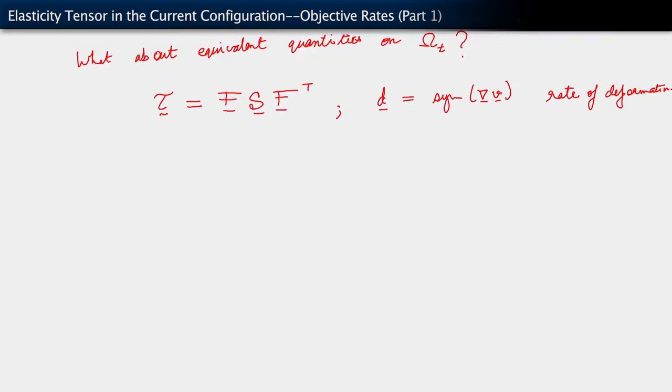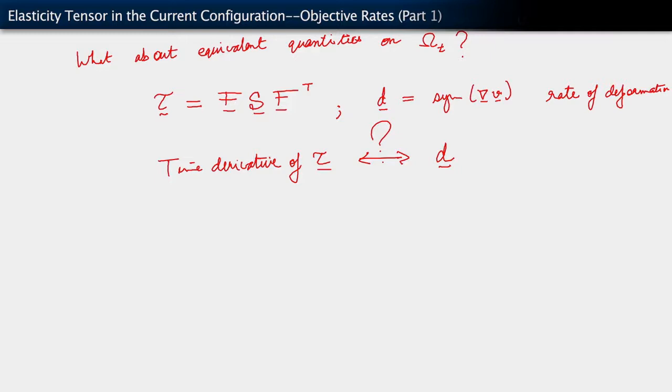Essentially we're asking, is there a relation that goes between some sort of time derivative? What we want to know is, if I take a time derivative of tau, can I relate it to D? Or really the other way around. Is there something that relates them? The natural thing to try here is to look at what happens with the time derivative.